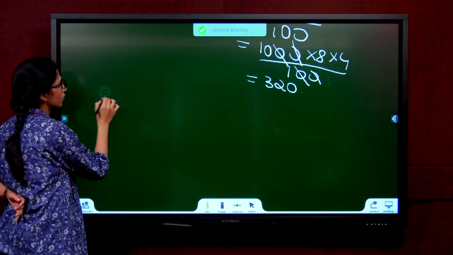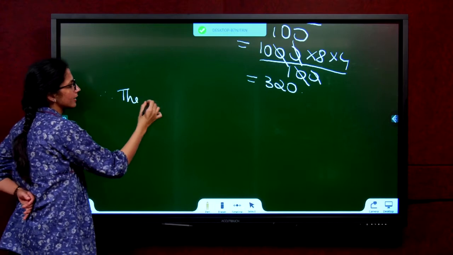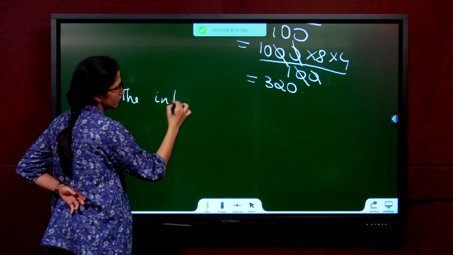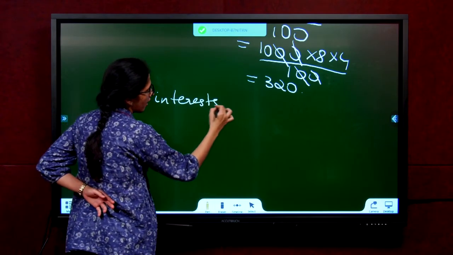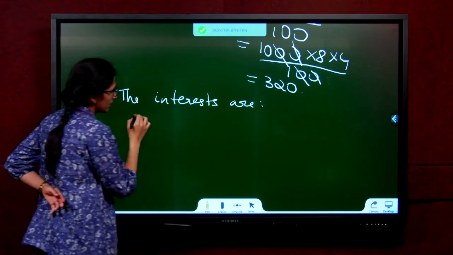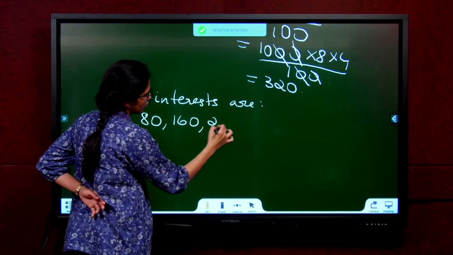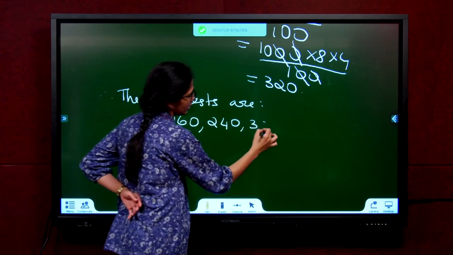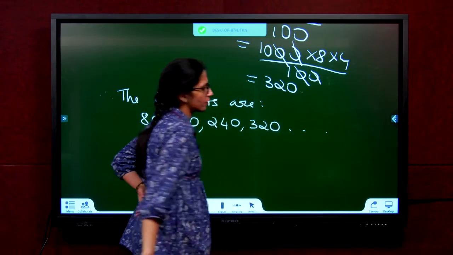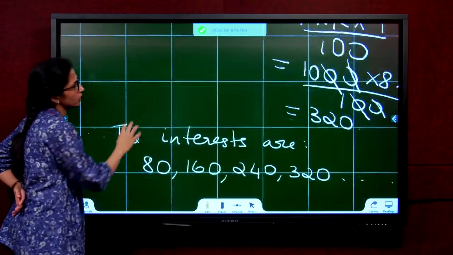So therefore the interests are 80, 160, 240, 320 and so on. We found out this much.